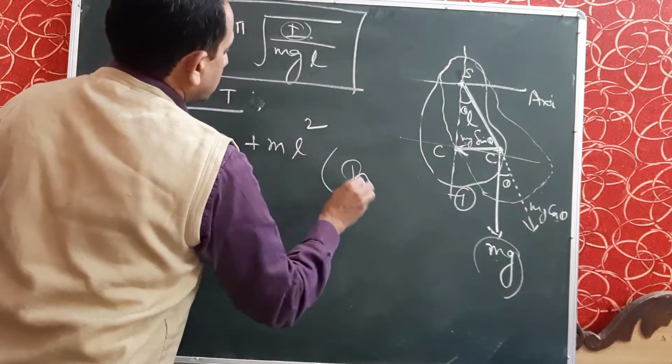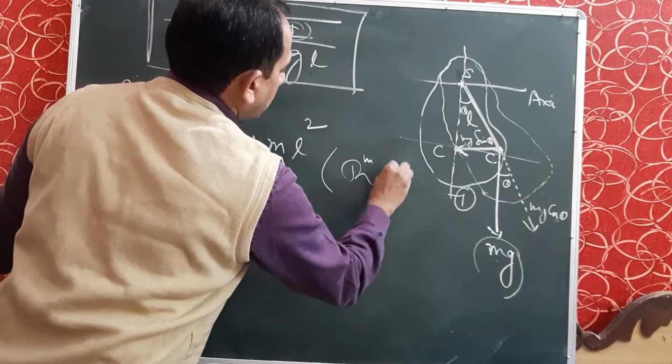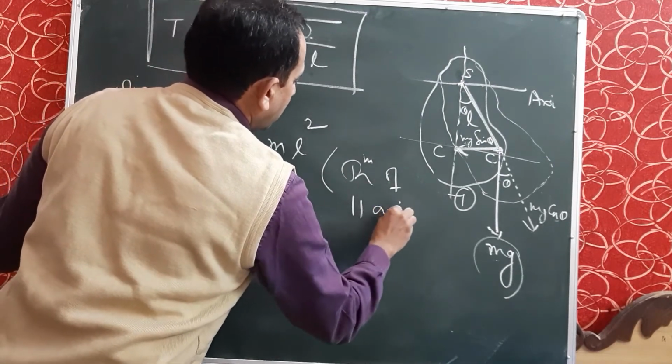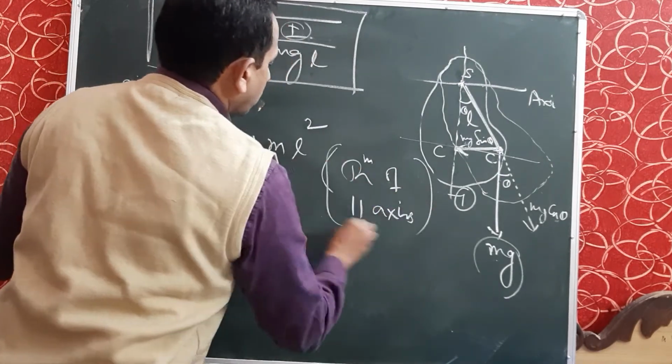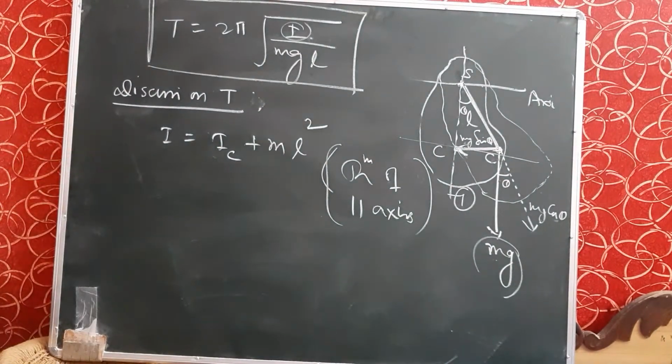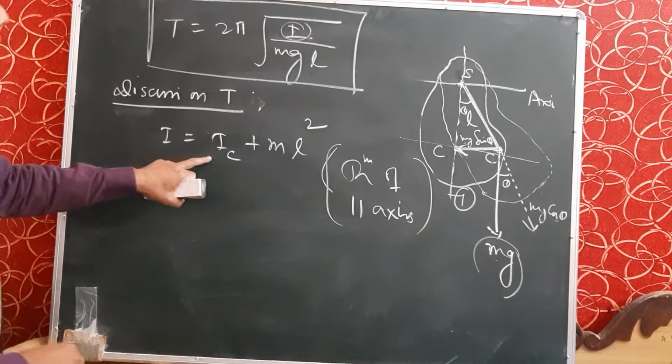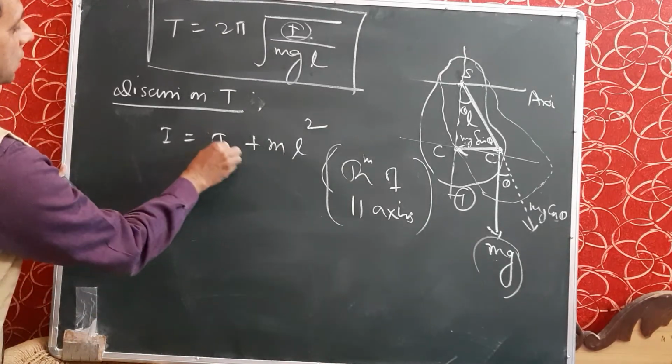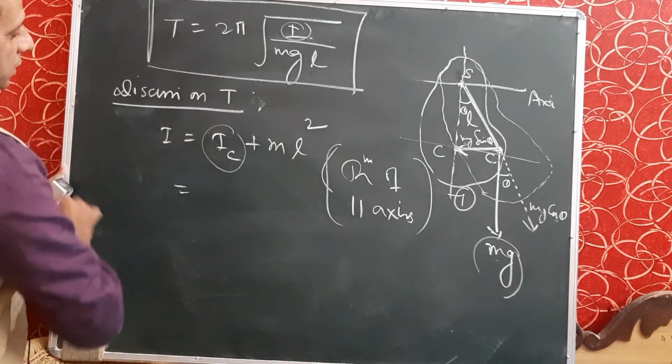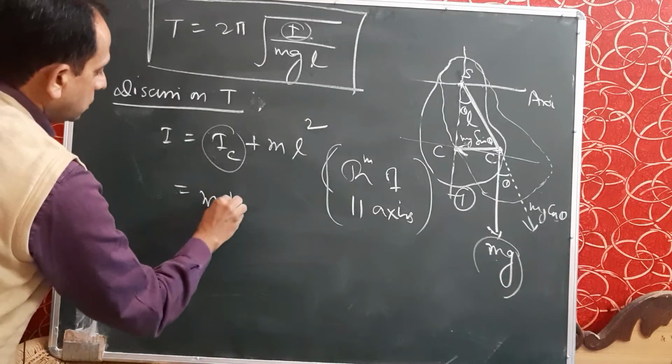So this formula is obtained from the theorem of parallel axis for moment of inertia. You have read this theorem in class 11, in the chapter on rotational motion. So this I_C may further be written as m into K².